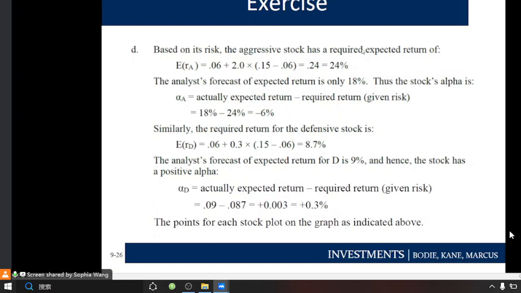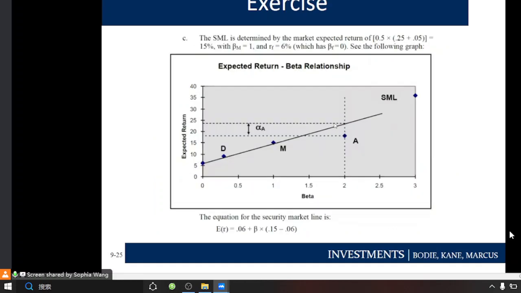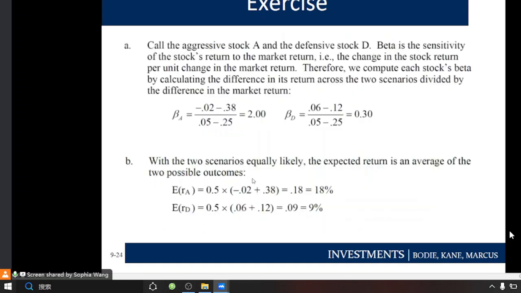First, you calculate the required expected return, 24%. And after that, you can calculate the alpha, because we have already calculated the beta. We have already calculated the expected return as the average of the two possible outcomes, so we have the ideal model.